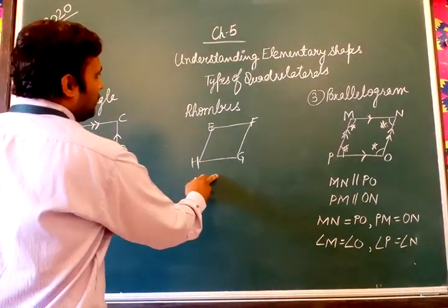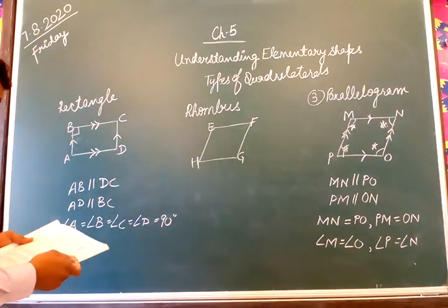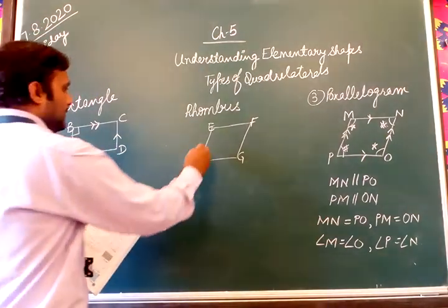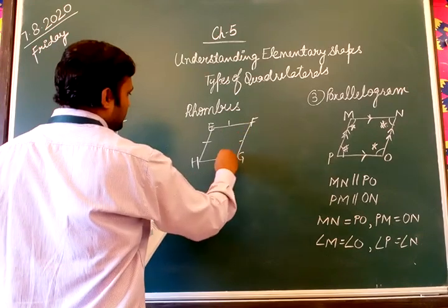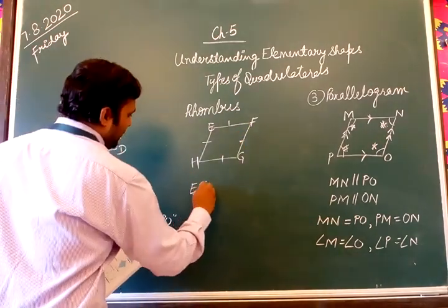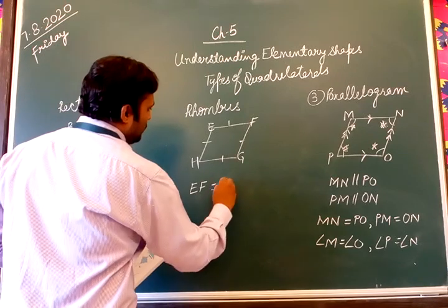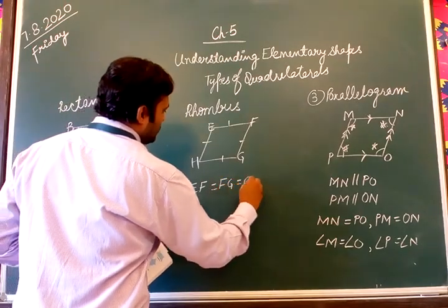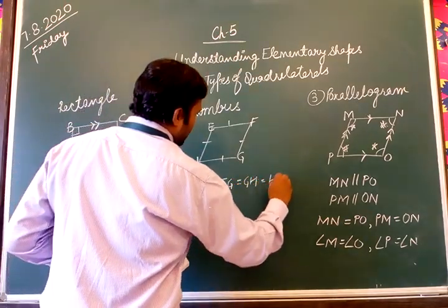This is also a part of parallelogram. In a parallelogram, if all the sides are equal, it means EF equals FG equals GH equals HE.